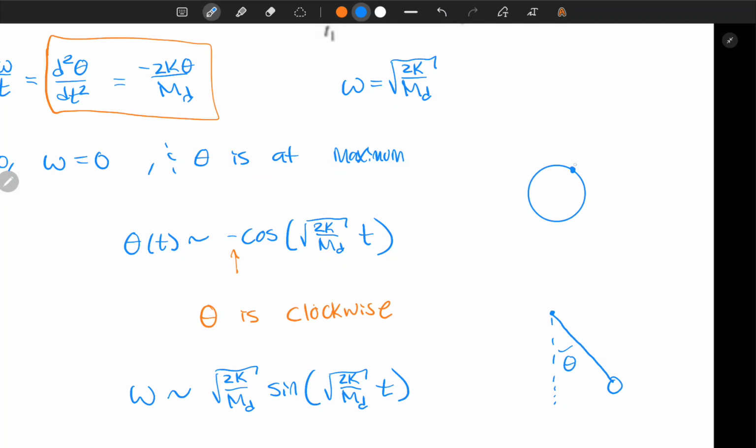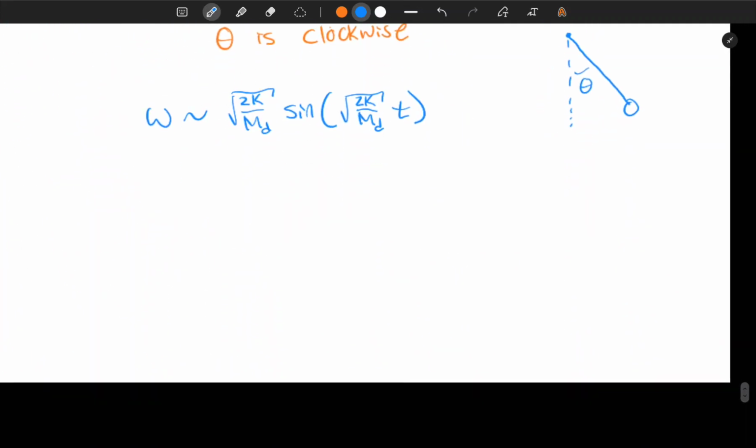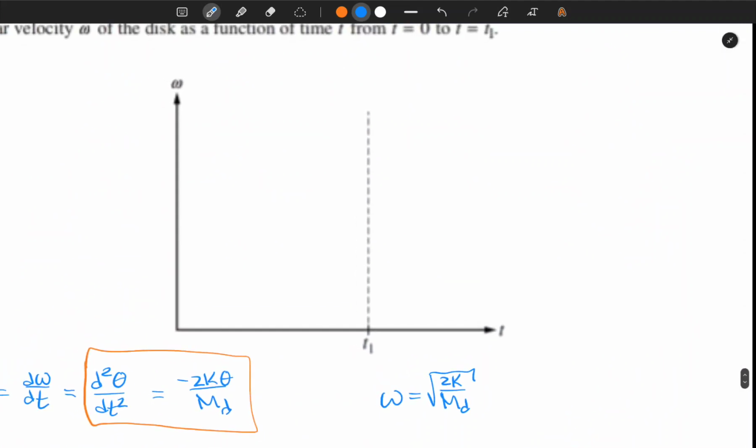We have a wheel that's spinning this way, and when this is the equilibrium position, it should be at its maximum angular velocity. So the maximum for sine should be at t1, and everything else is just the sine function moving up to this maximum value. Then afterwards it moves back down, and it goes negative, and it should continue to go around.